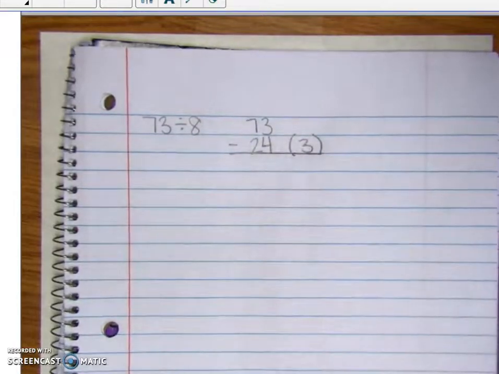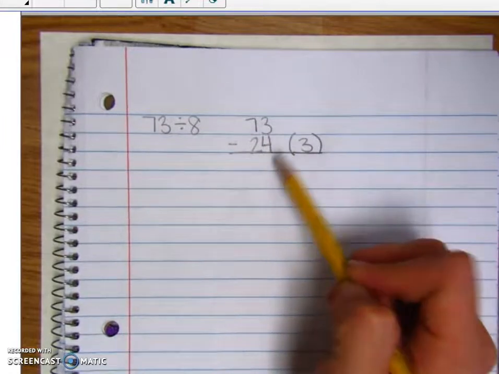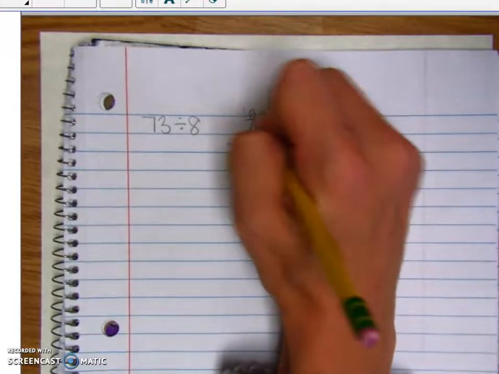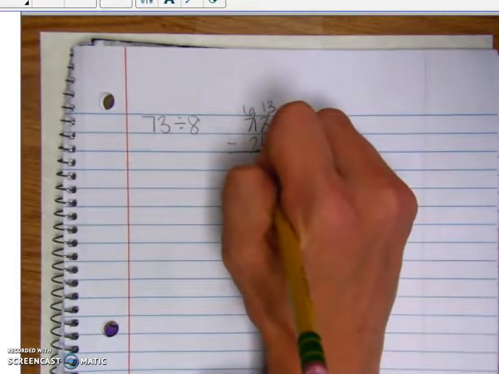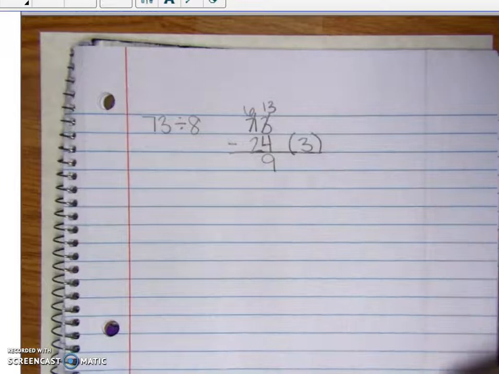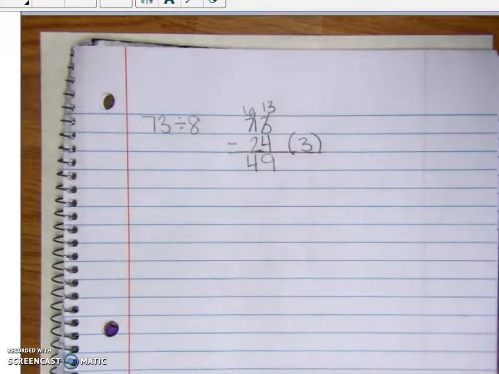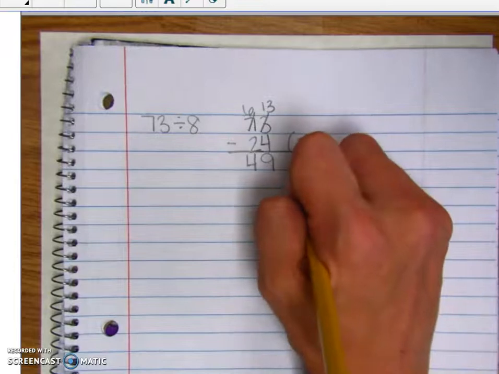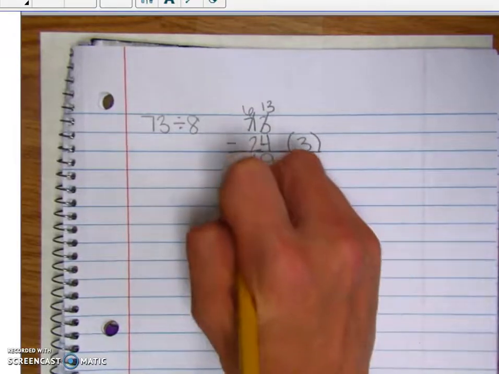Let's go ahead and do that math. 73 minus 24, again, I have to regroup. 13 minus 4 is 9. 6 minus 2 is 4. So 49 coats. Great. Can I put 3 more inside each box? Yes, sure. If I put 3 more coats inside each box, that's a total of 24 coats.